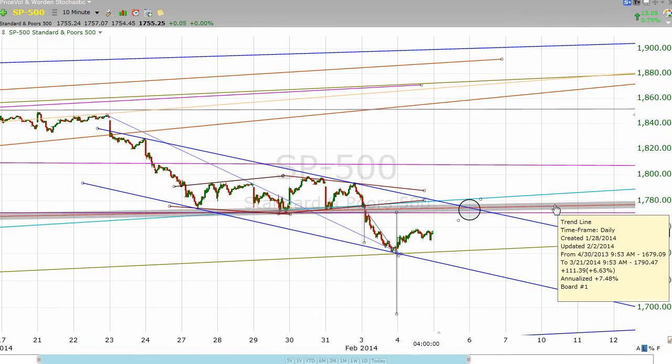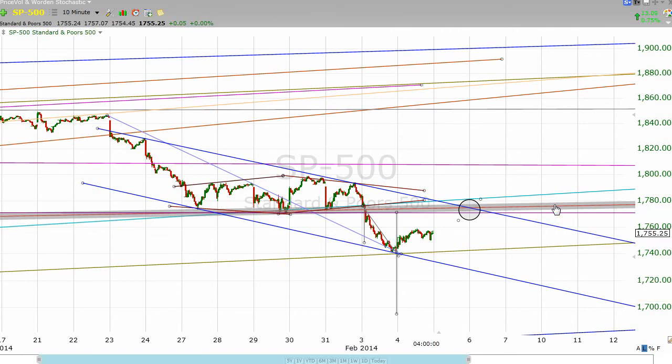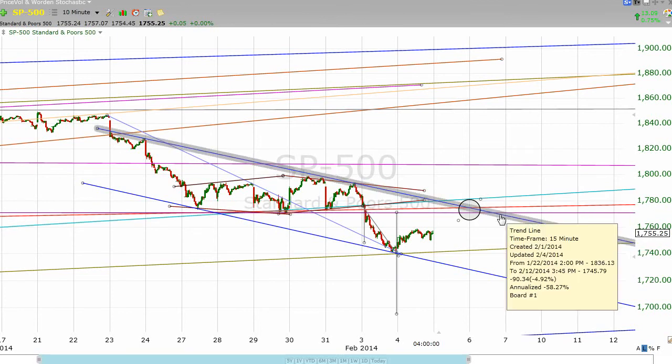We have this red line right here, which was our resistance line that got broken out. You remember this was over 3 tops earlier in 2013. We got over that, but then we did come back under it. So now this should have flipped back to resistance. And then, of course, we've got our descending trend line right here.